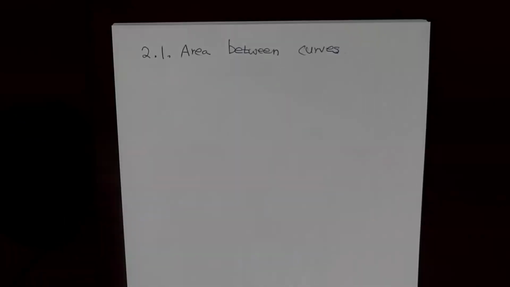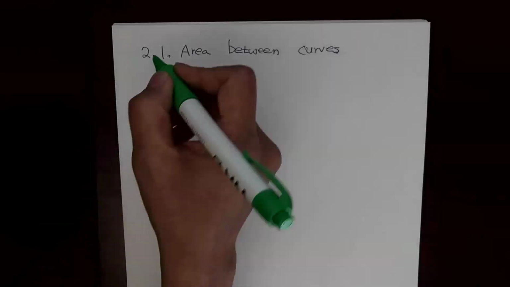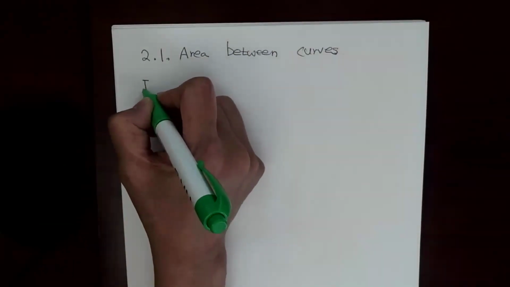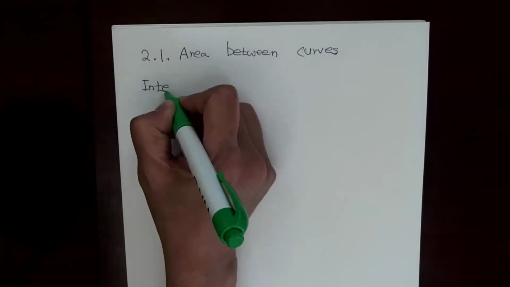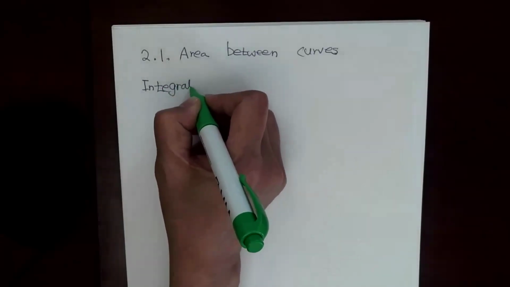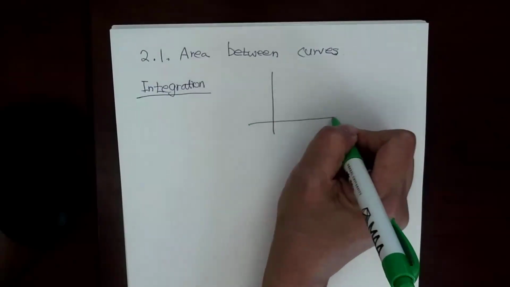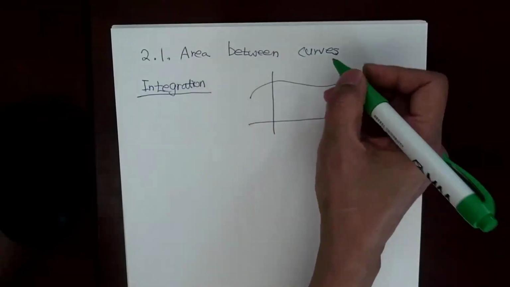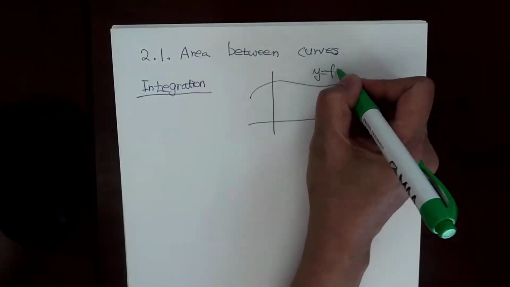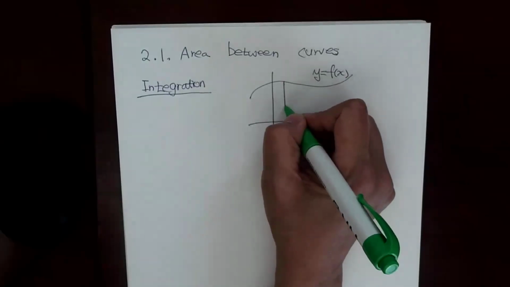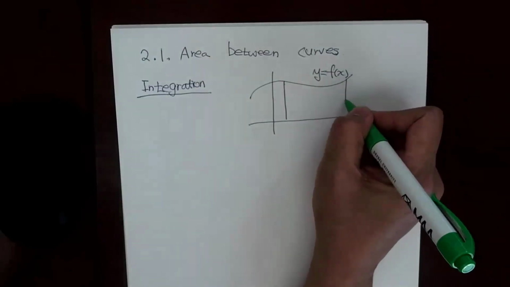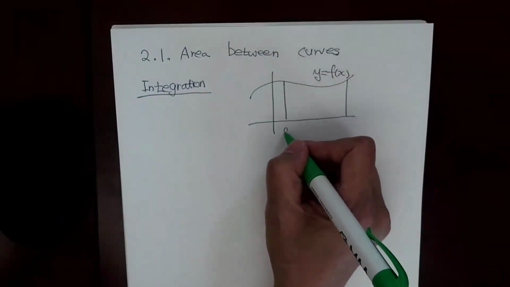So 2.1 is about area between curves. Last semester, you learned about integration. We have y equals f of x, and we want to think about the area under the curve from a to b.